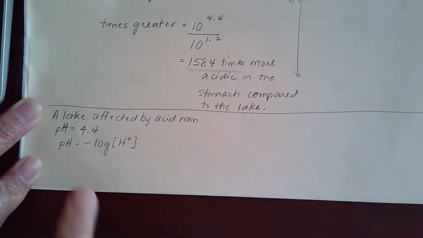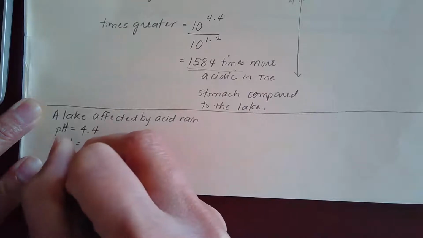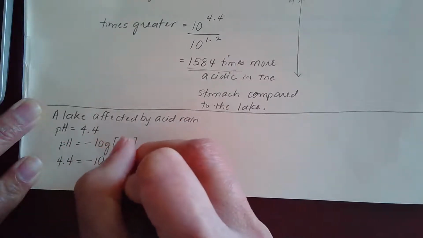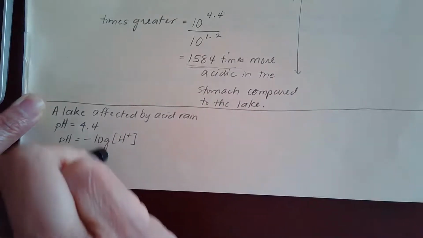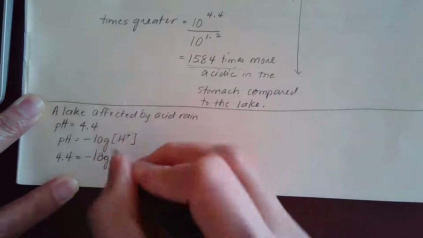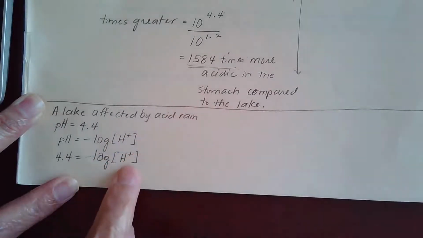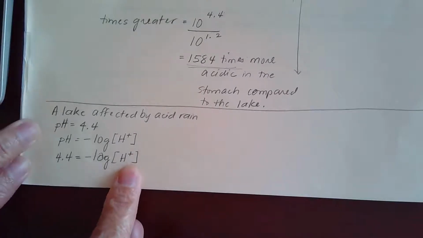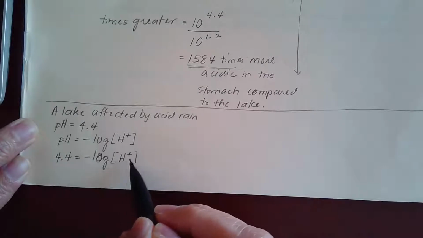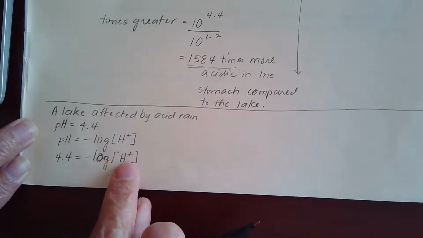Okay, so I'm going to put in 4.4 here. So 4.4 is equal to the negative log of the hydrogen ion, like that. So when you come across something like this, you can think of this H plus as the x variable.